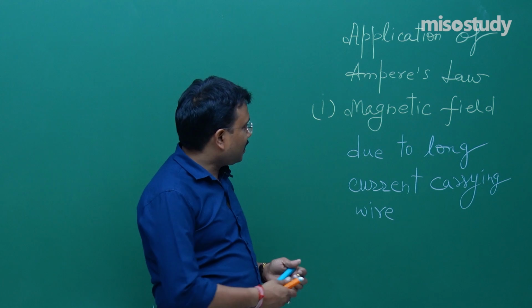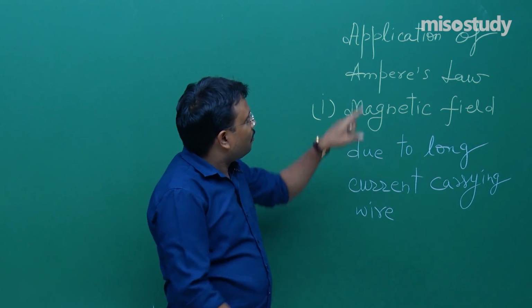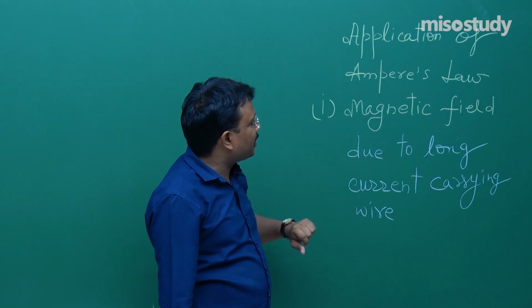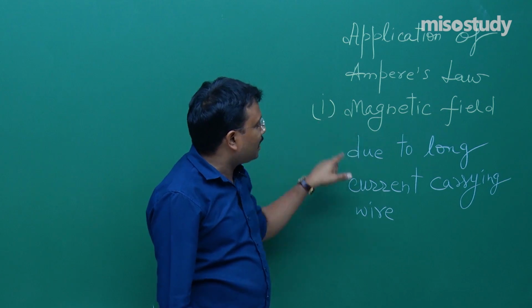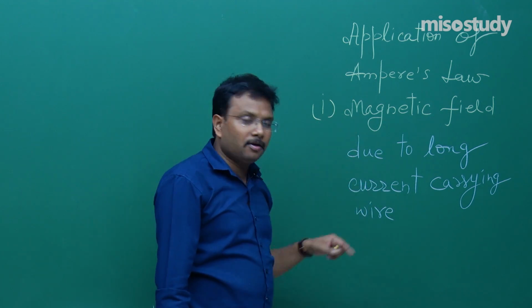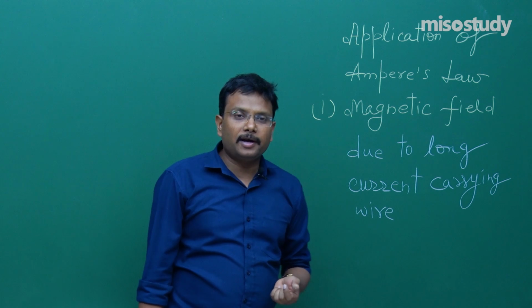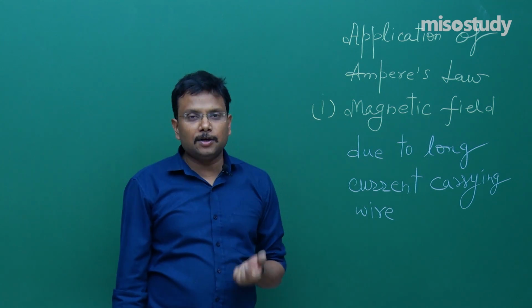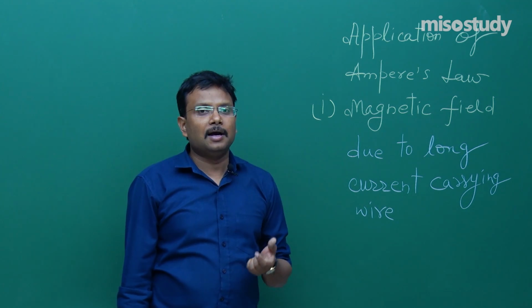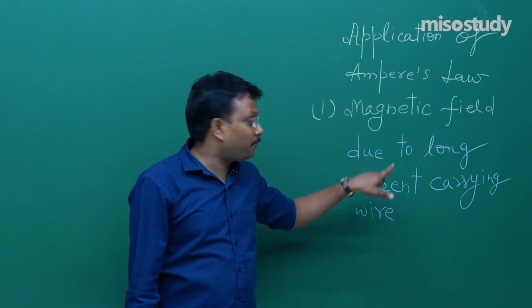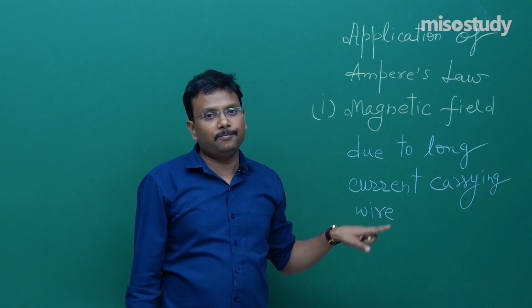Now, you can ask what is the meaning of this? One side you are saying application of Ampere circuital law, then you are saying magnetic field due to long current carrying wire. Yes. If you are interested to find the magnetic field due to a long current carrying wire, then it is because of this application that we can find it out.